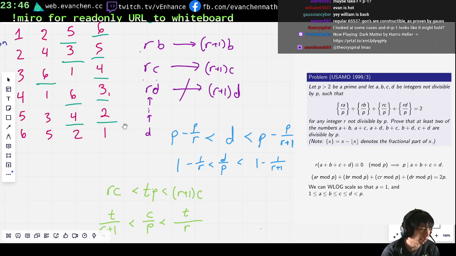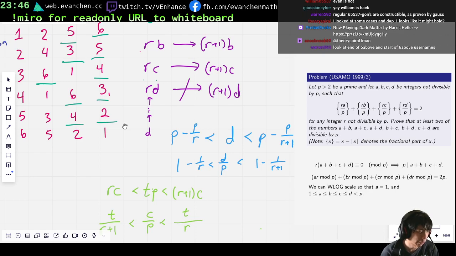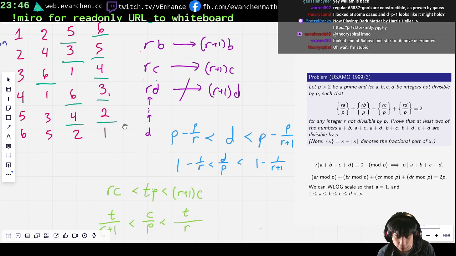No, like, d equals p minus 1 is definitely true. If the problem is true and we assume a equals 1, then it follows that d equals p minus 1, and then b equals p minus c. That's what we're going after. What I'm trying to do is look at these regroups, right?